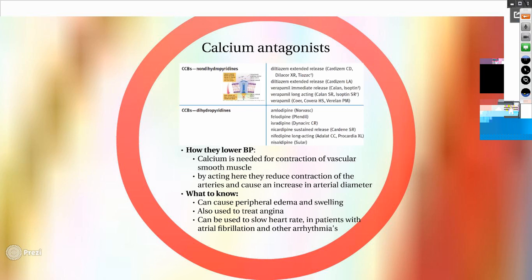Angina means literally heart pain. So we can use calcium blockers as good agents to treat angina. Also, the non-dihydropyridines like diltiazem and verapamil are used to treat arrhythmias because those types of calcium channel blockers also have very good effects on conduction in the heart and can slow the heart rate and heart rhythm.